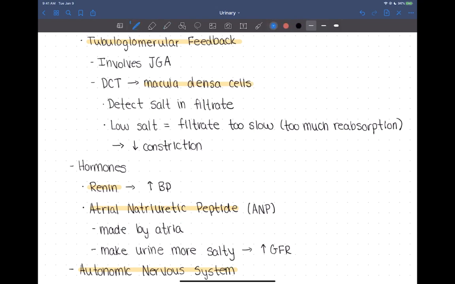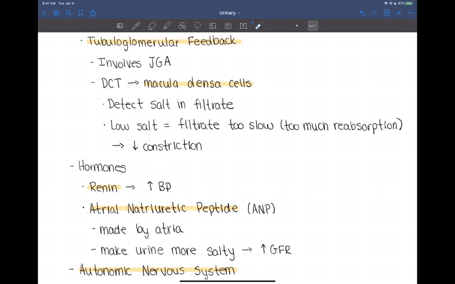These cells are going to detect how much salt is in the filtrate. Essentially, the levels of salt in the filtrate moving through that distal convoluted tubule, remember that's right before it goes into the collecting duct, so this is the last stop before it leaves the nephron. The salt in there will tell the kidney something about how the filtration rate is.